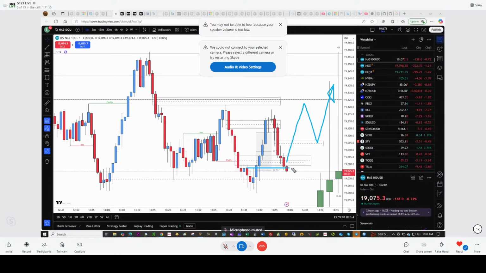We're at an order block area, so we shouldn't really take these lows out. We should be turning around here. But I could be wrong.